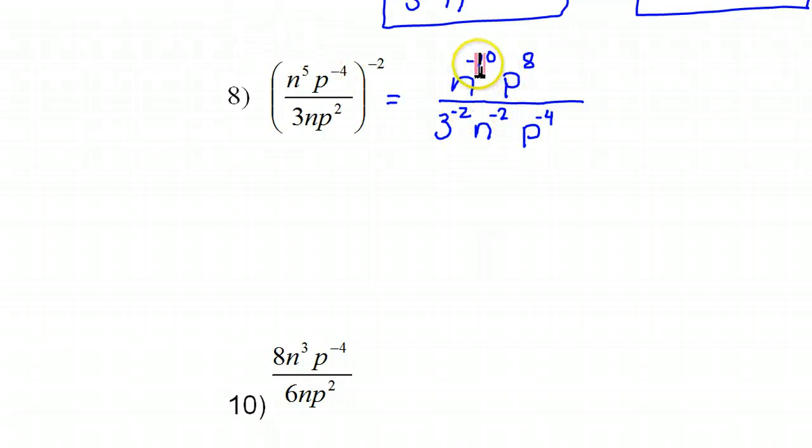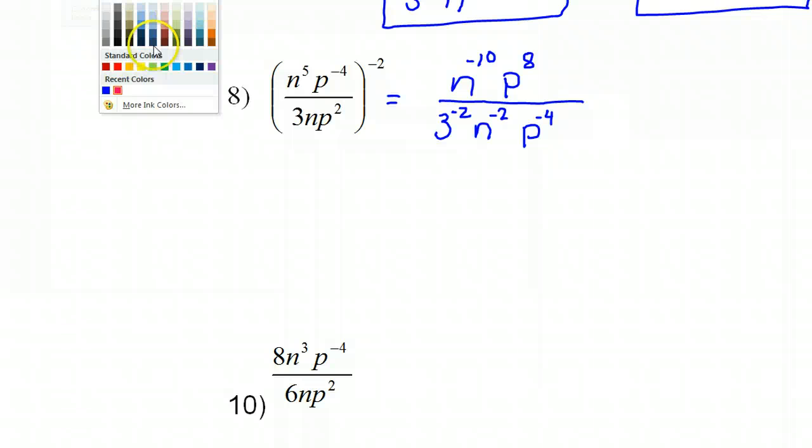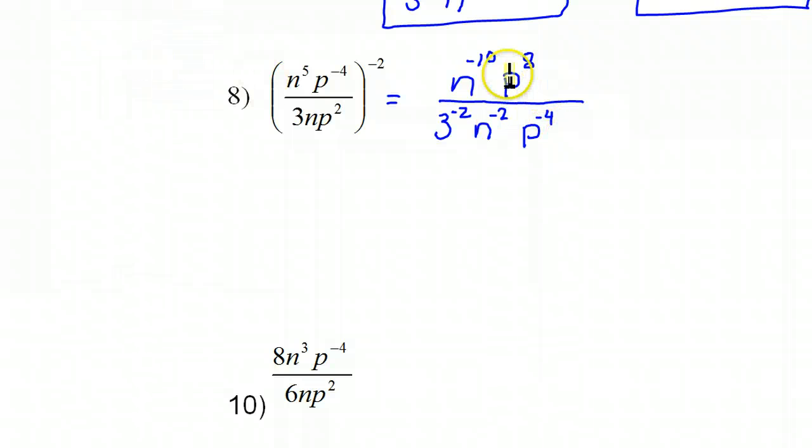Now, as you've seen many times so far, anything with a negative exponent is going to have to be moved. So this has got to be moved, this has got to be moved, and this has got to be moved. Oh, and this has got to be moved. Everything except for the p to the 8th power has got to be moved.